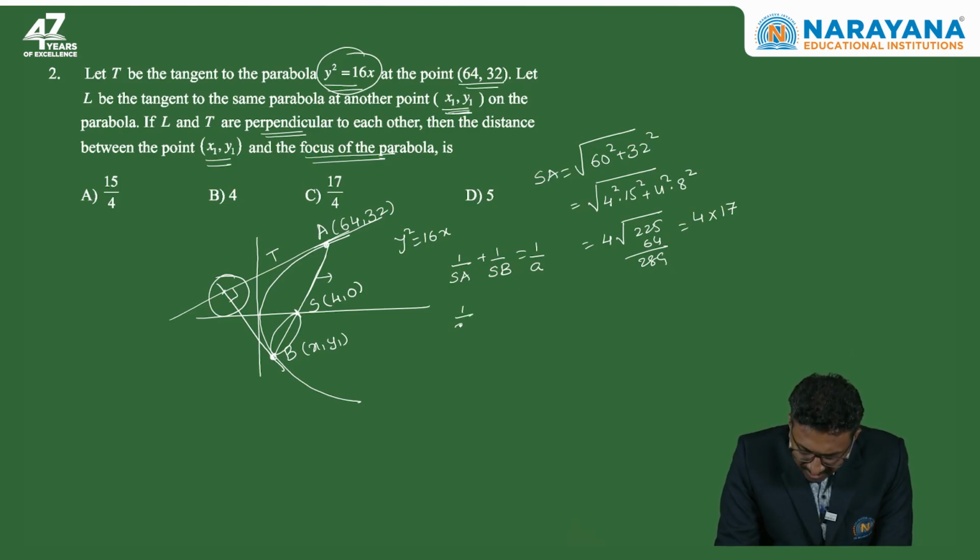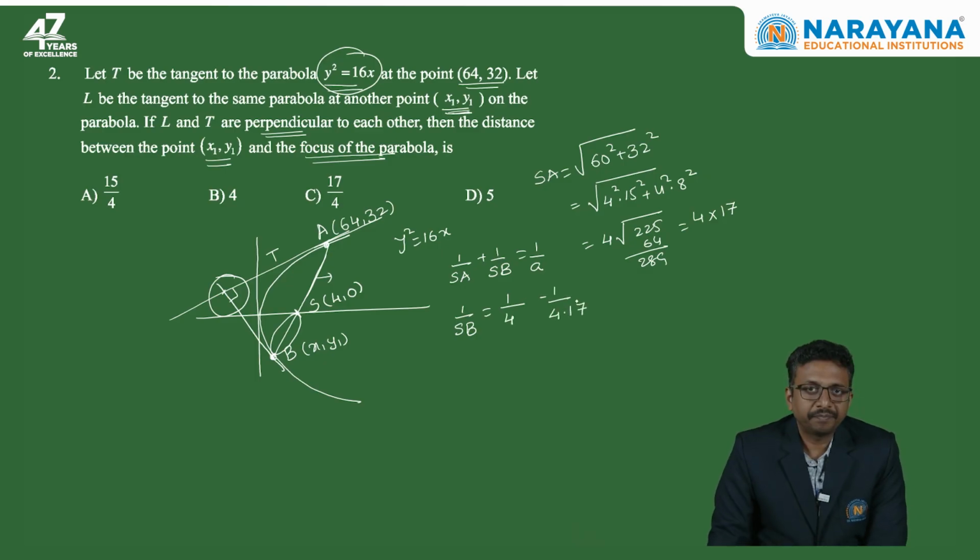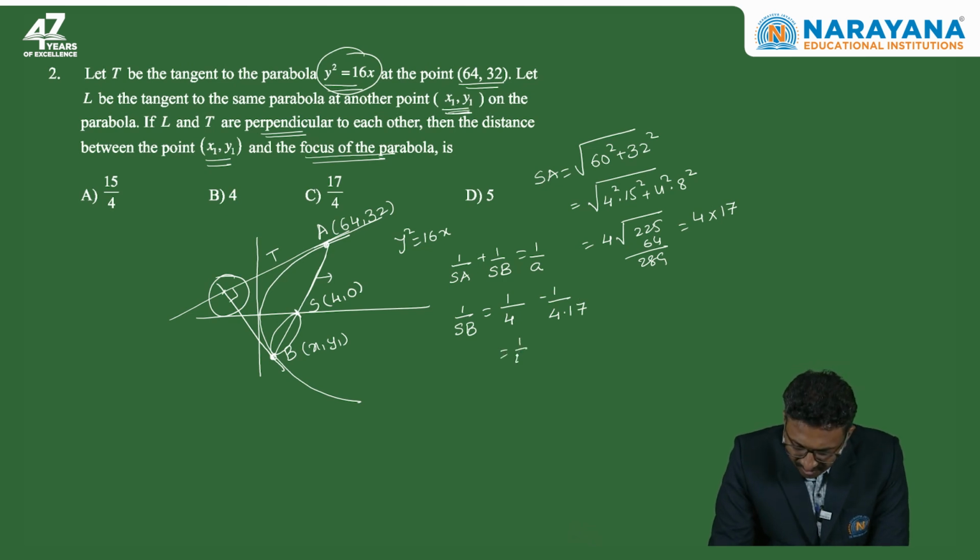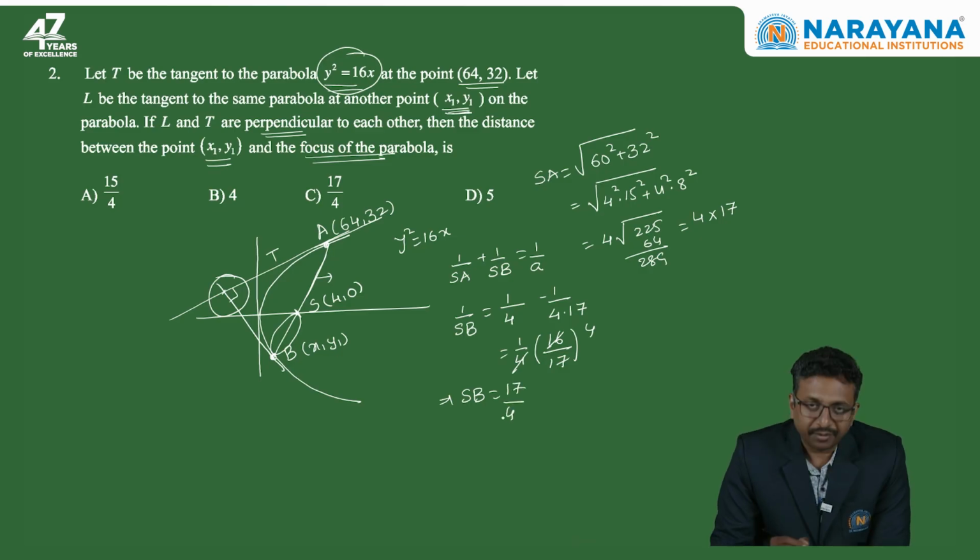So 1 by SB is equal to 1 by a, which is 1 by 4, minus 1 by 4 times 17, which is equal to 1 by 4 times (1 minus 1 by 17), which is 16 by 17 times 1 by 4. So this implies SB is equal to 17 by 4.